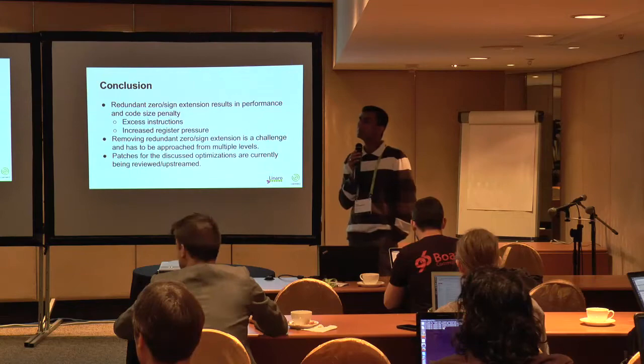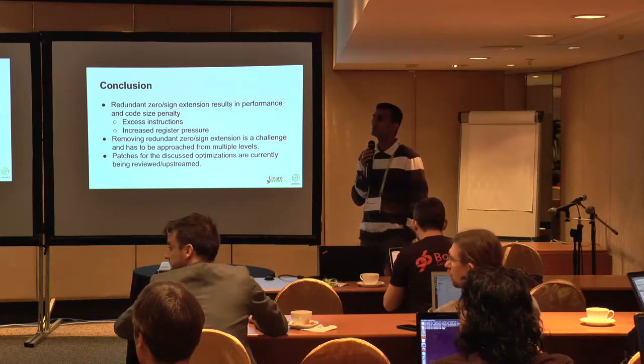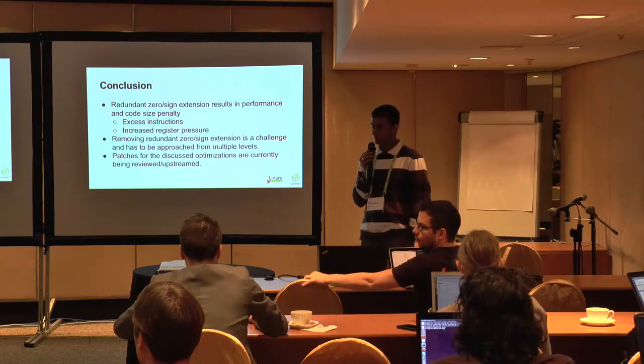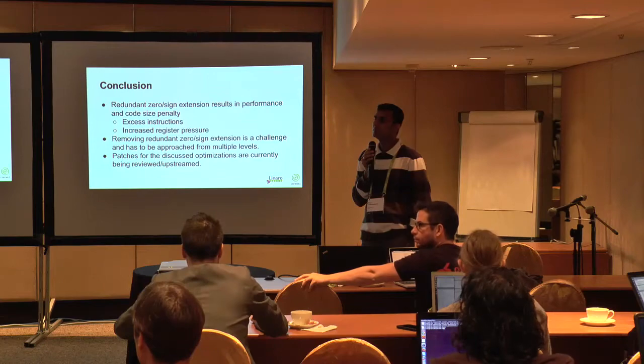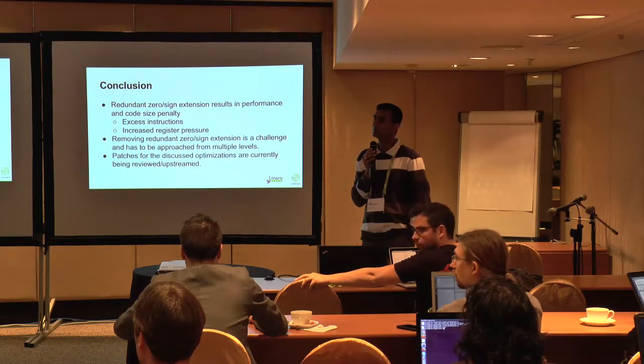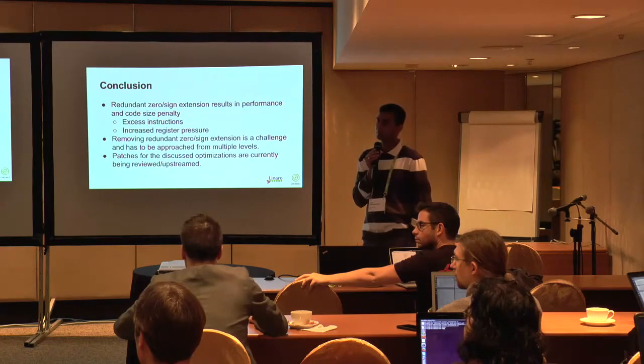Okay. So I have a question. You propagate the VRP info until the expand pass. So how do you maintain this between the passes? You have to add the Gimple extension to carry the range info, and also the property you carried, the zero extension and sign extension.